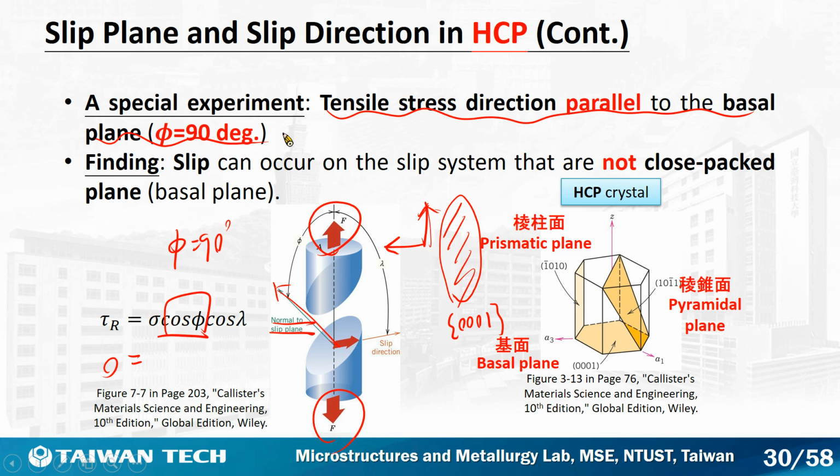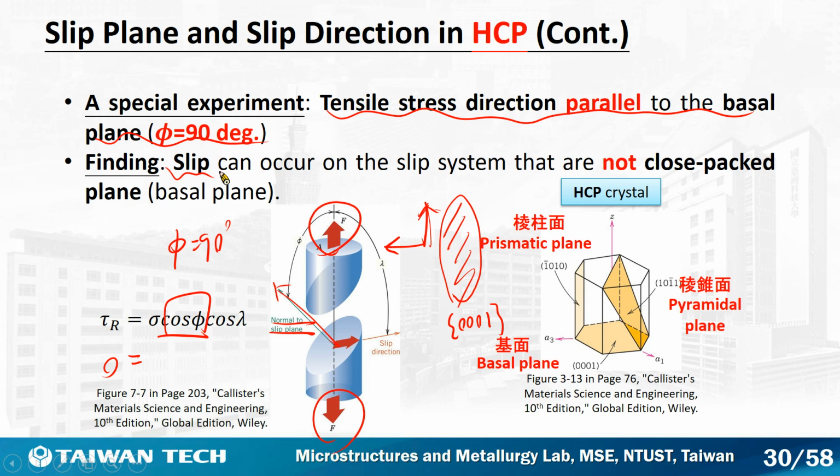And then, what is the finding of this experiment? We can find that the slip can still occur on a slip system that is not the close-packed plane. So that's what we will see in the previous summary. For HCP metals, we have a lot of slip systems, right? But only three of them belong to the basal plane.